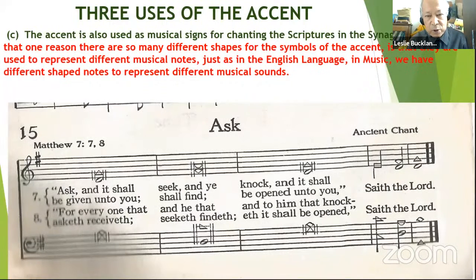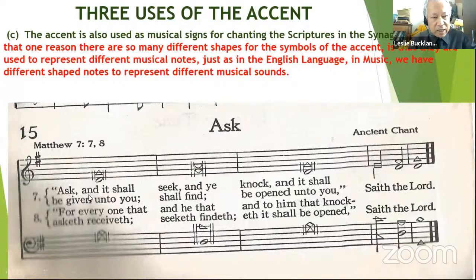I use this as an example because in the synagogues, the spiritual leader or the rabbi will chant the scriptures. And the accents that are in the Hebrew Bible tell him what is the note that he should use with a particular word. And this is why he is able to sing it into a particular tune.